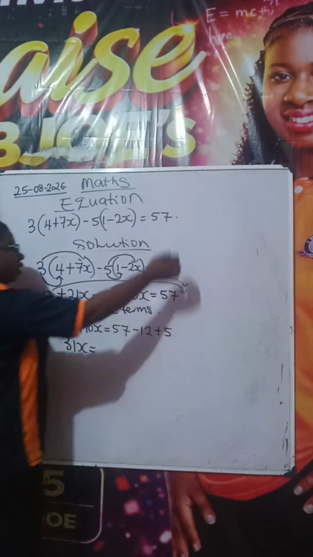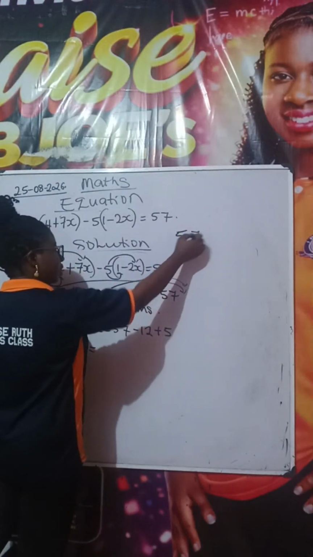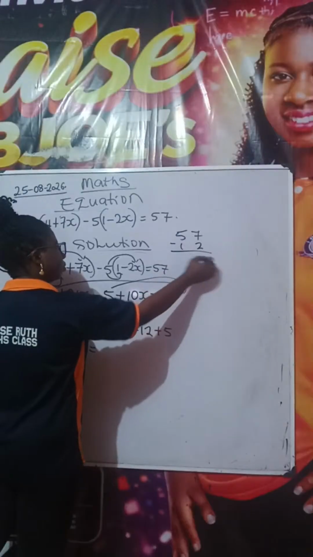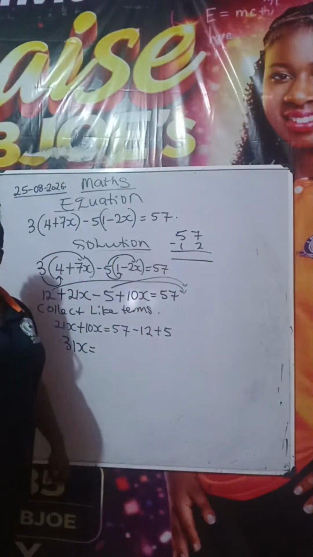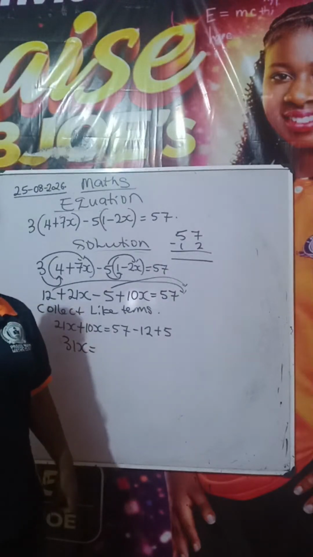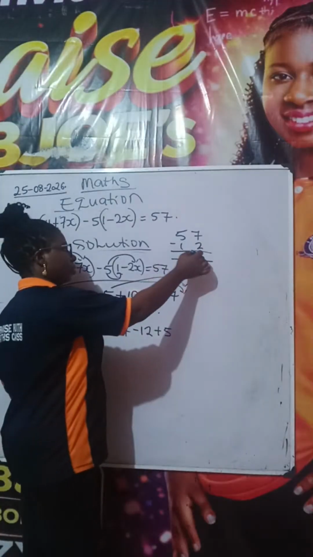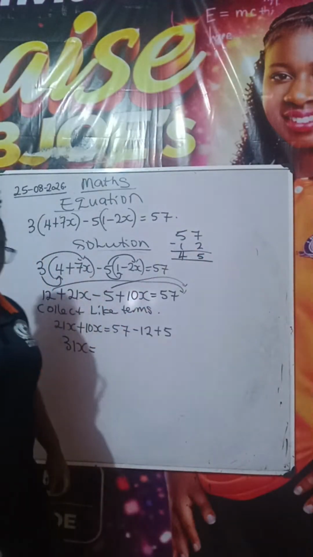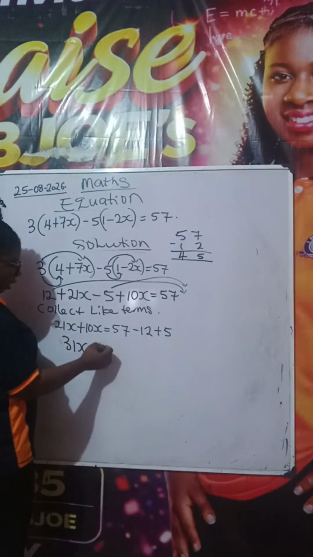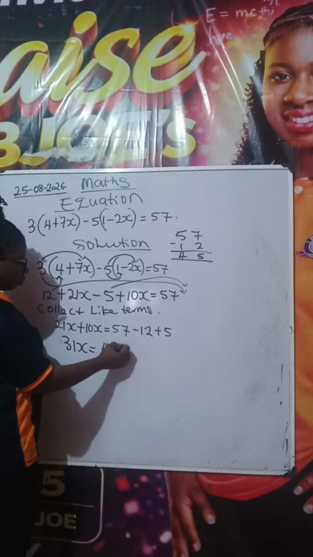Now 57 take away 12. 57 minus 12. 7 minus 2 will give us 5. Then we have 45. Good job. So we have 45, then plus 5.